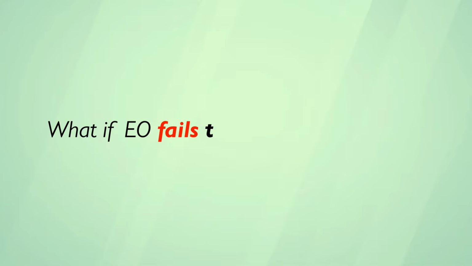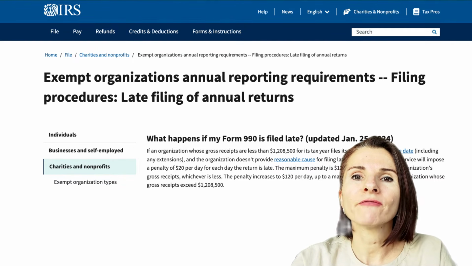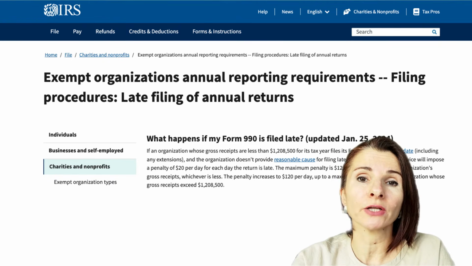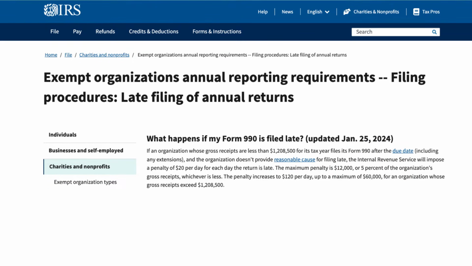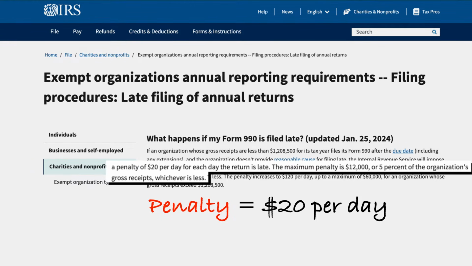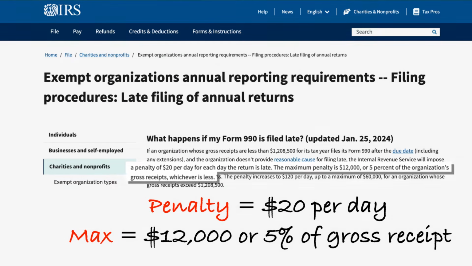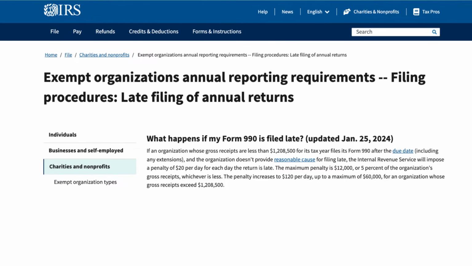What happens if an exempt organization fails to file or files incorrectly? The organization may face steep penalties for failure to file. As of January 2024, the failure to file penalty for most small and mid-sized organizations is $20 per day after the form's due date, with a maximum of $12,000 or 5% of the organization's gross receipts for the year, whichever is less.